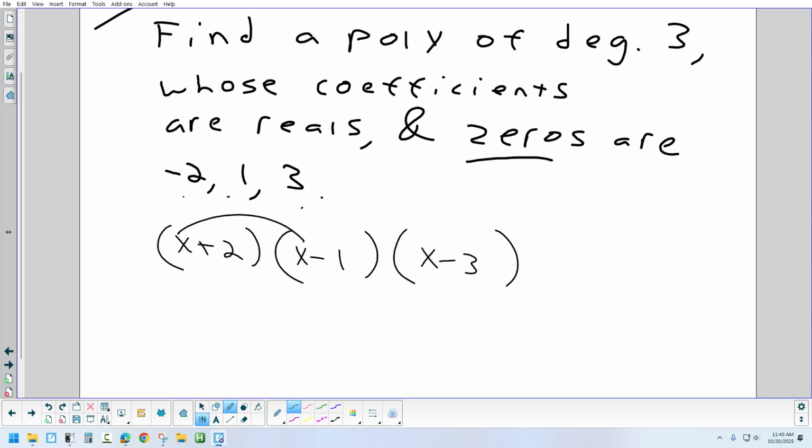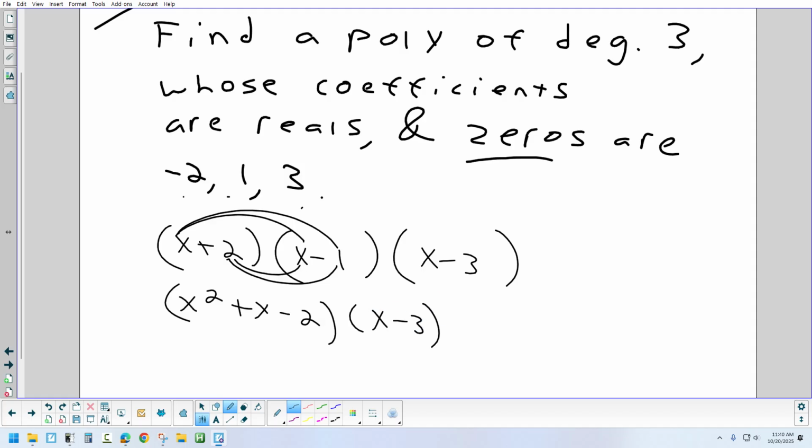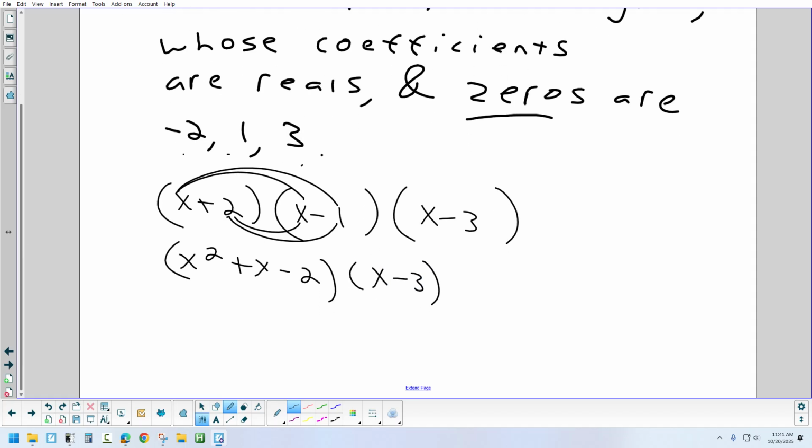Okay, so we got x squared. What's -x plus 2x? X. And 2 times -1 is -2. Okay, that's the first 2 multiplied. Now I got to do one more. What's x times x squared? X cubed.